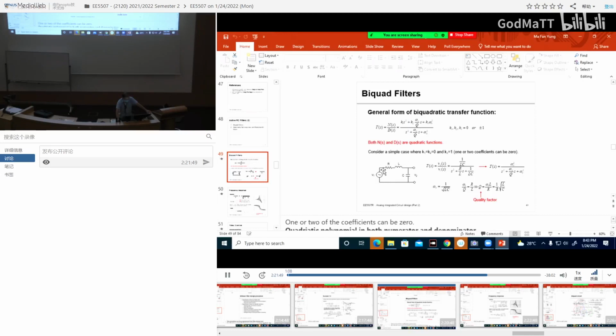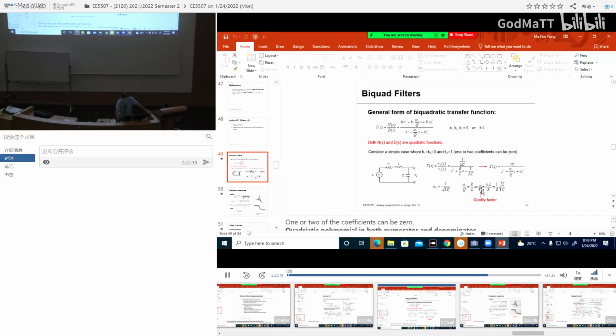Resistor, inductor, capacitor. Input here, output taken from here. If you do the analysis for the transfer function, you will get this. If you make omega 0 equal to 1 over the square root of LC, and make omega 0 over Q equal to R over L, you simplify to this equation.